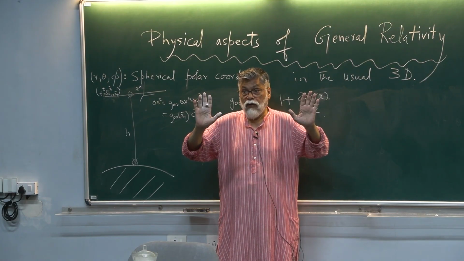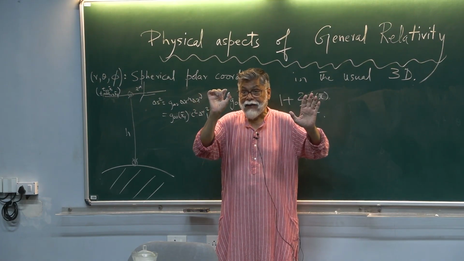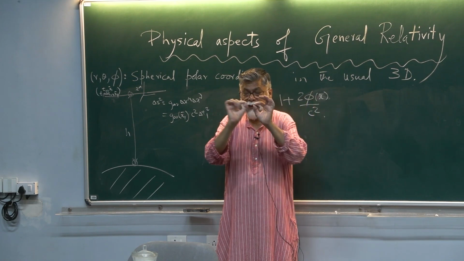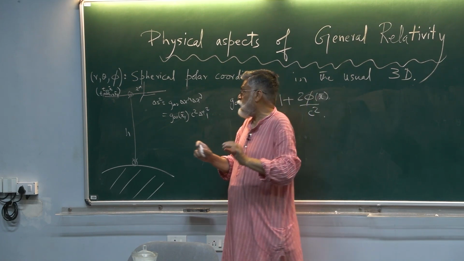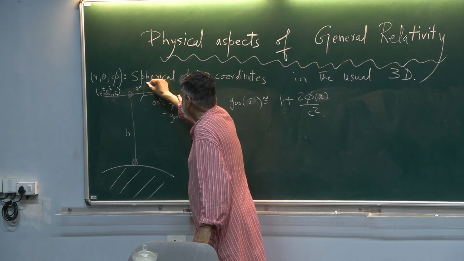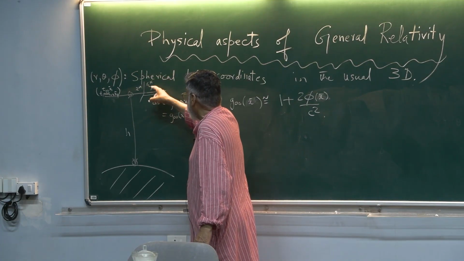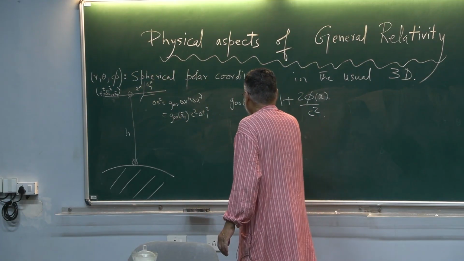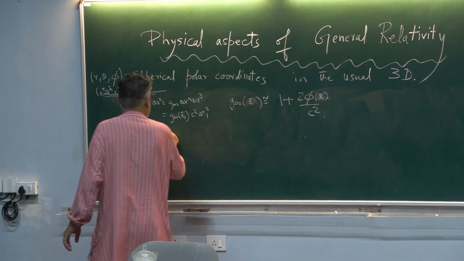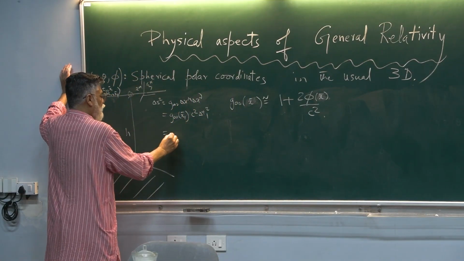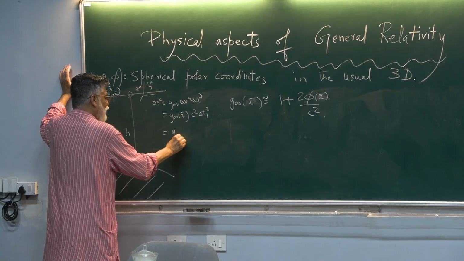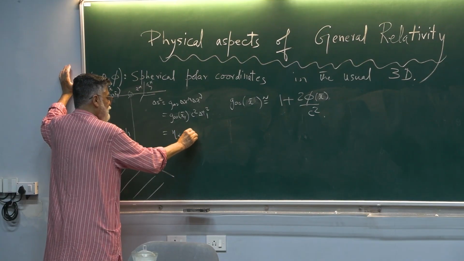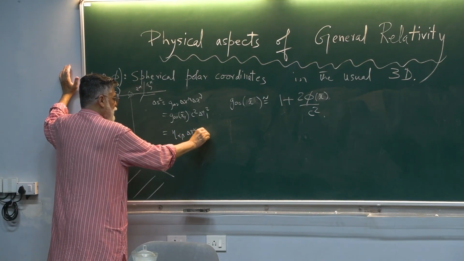So therefore, the proper distance between the two events in the xi system, which is the Minkowskian coordinate system, the same event delta s square, where delta s square is invariant, will be eta alpha beta delta xi alpha delta xi beta.